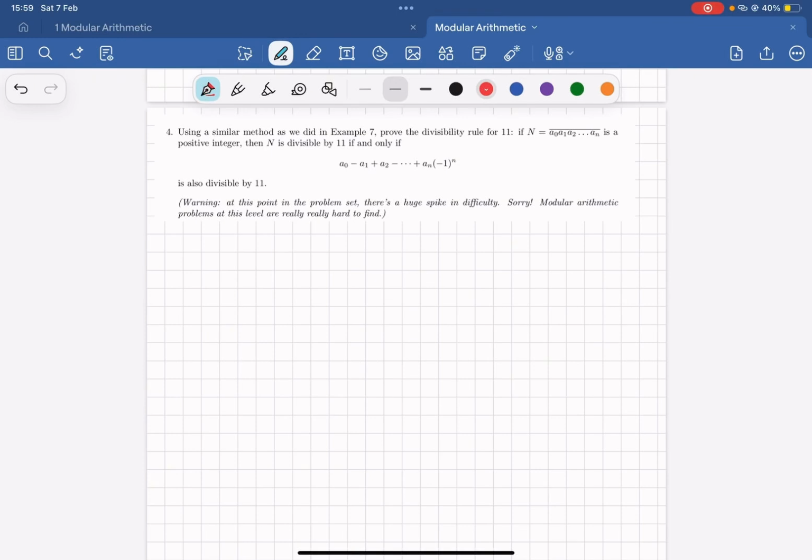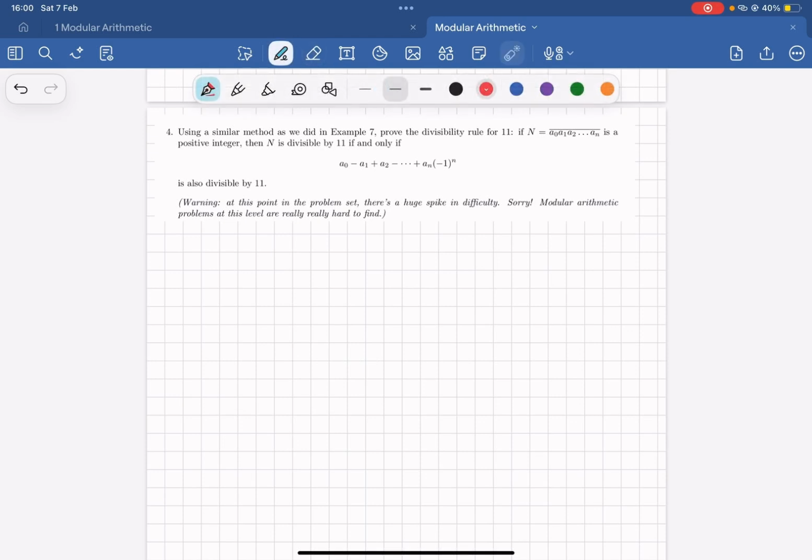Question 4. Here we're required to prove the divisibility rule for 11. If n equals a0, a1 up to an is a positive integer, then n is divisible by 11 if and only if a0 minus a1 plus a2 minus and so on, plus or minus an, is also divisible by 11.